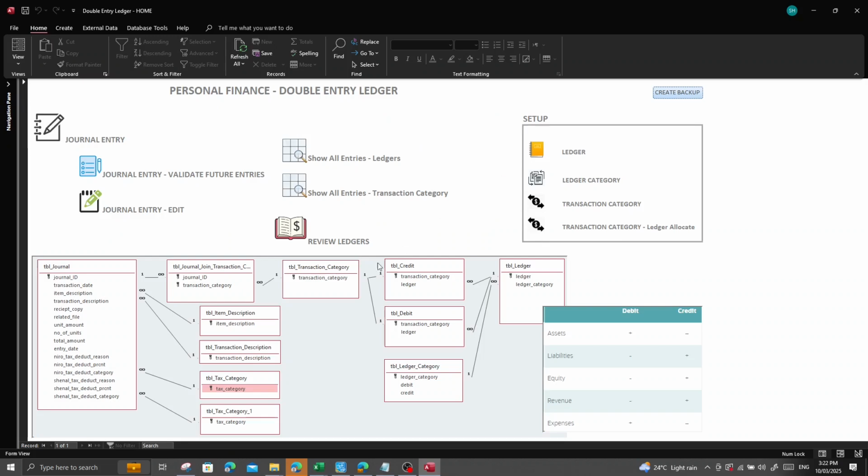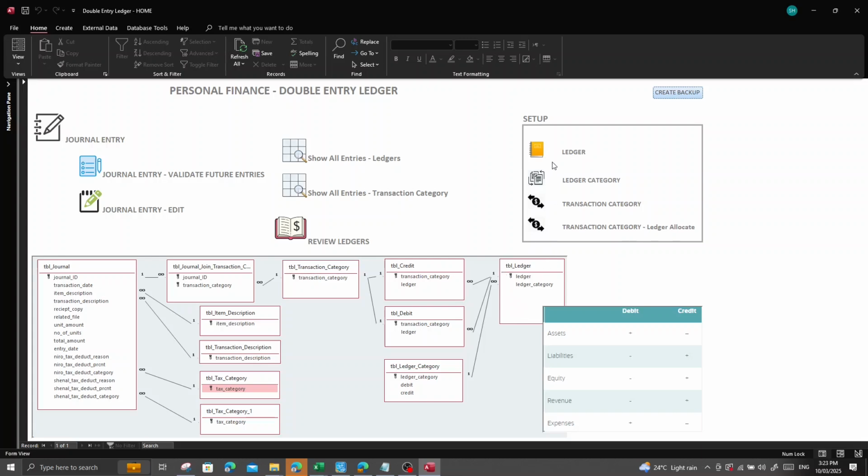And then before going into detailed journal entries, most entries will be repetitive, the sort of similar expenses that you would generally have on a regular basis.